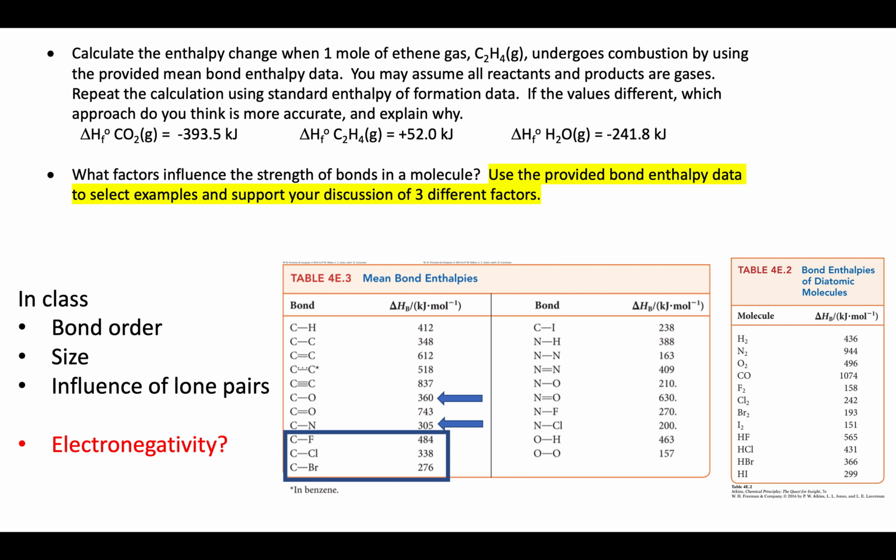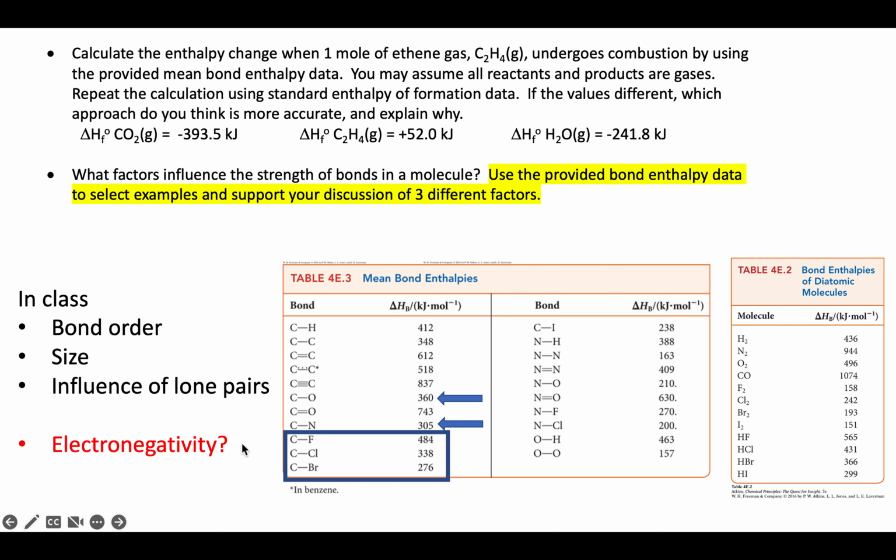Students at times brought in electronegativity. I find this is a tougher case to make. Okay, you could look to see carbon with these different halogens and conclude that fluorine's the most electronegative. But then if we were to just look right above it and consider carbon with oxygen, carbon with nitrogen, we end up with contradictions that are not consistent with that.